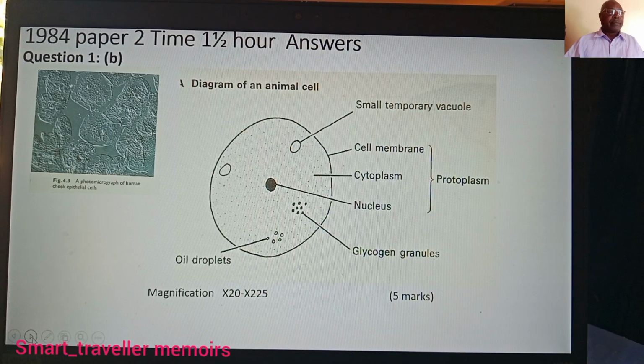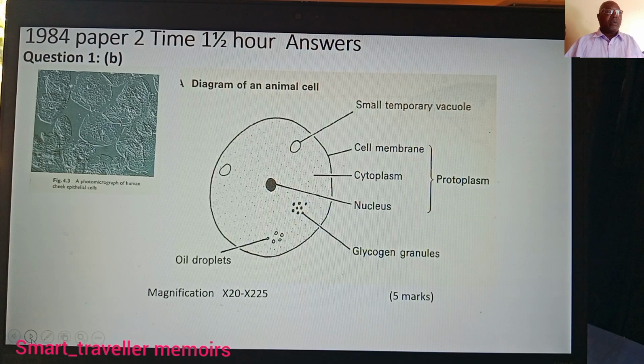In 1B, the drawing of specimen K1 has been done, and what I'm showing here is a diagram of an animal cell, because we know K1 is an animal cell.